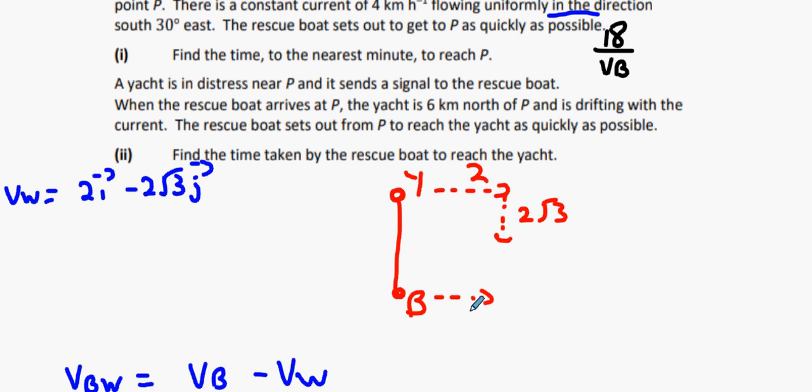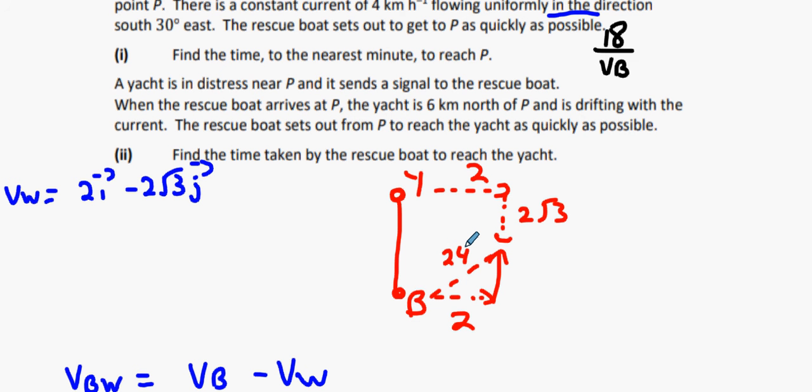The boat just needs to go 2 across and whatever it has going upwards. And the next thing is, what's the speed of the boat again? 24. But yes, we have to take into consideration the actual current. That's the issue. We have to take into consideration the current itself.